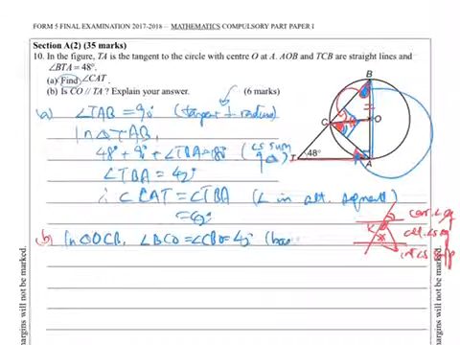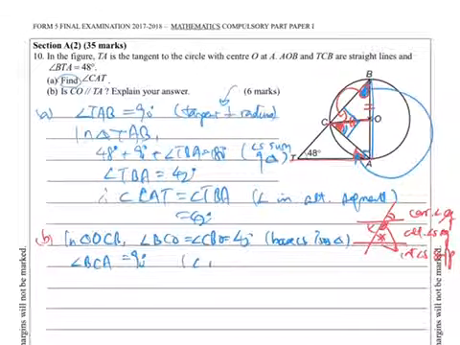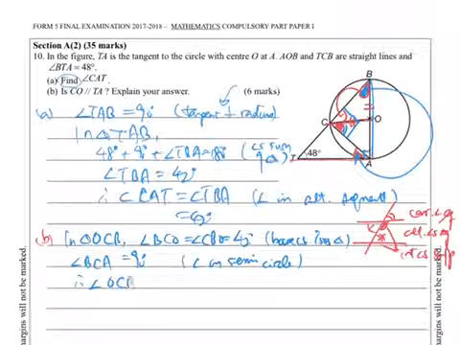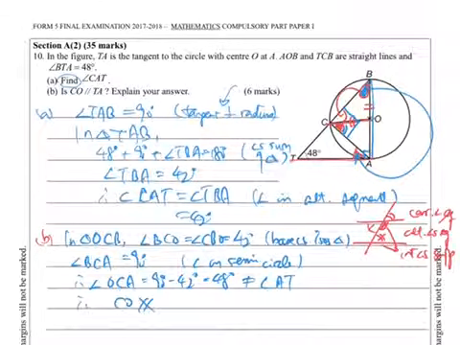This is base angles, isosceles triangle. And the angle BCA is 90 degrees because angle in semicircle. Okay. So therefore angle OCA is 90 degrees minus 42 degrees, that is 48 degrees, which is not equal to CAT. So therefore CO is not parallel to TA.